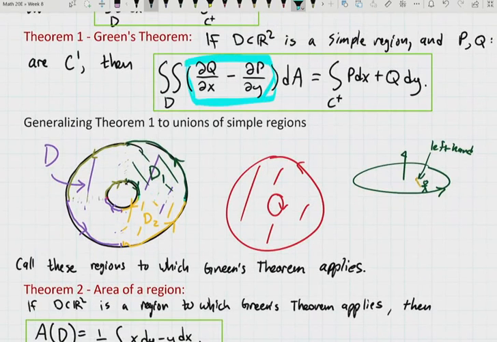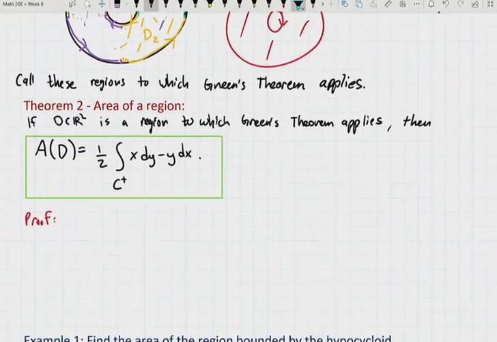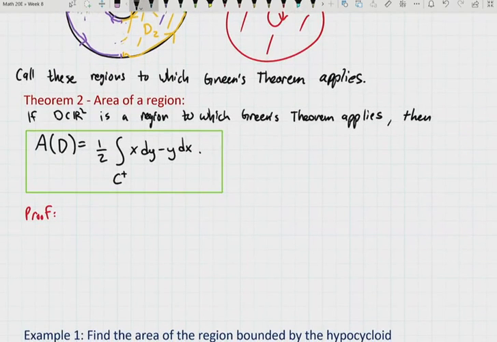Then what's the integral of 1 over a region? The area. If you integrate the function 1 over a region, you just get the area of the region. So I'm just going to ensure that that integrand is 1, which I can do in multiple ways, but the most symmetric way is, how about if, which function was it?